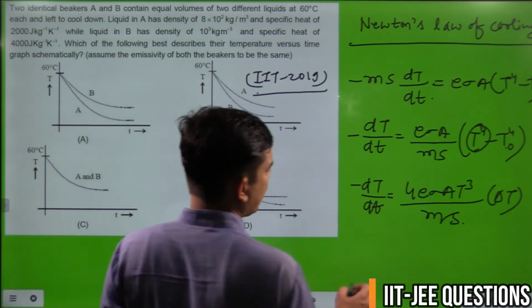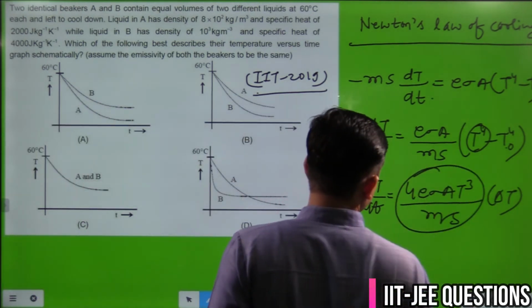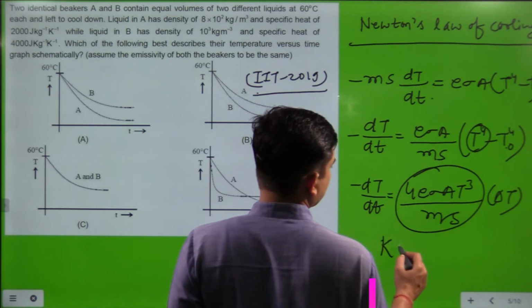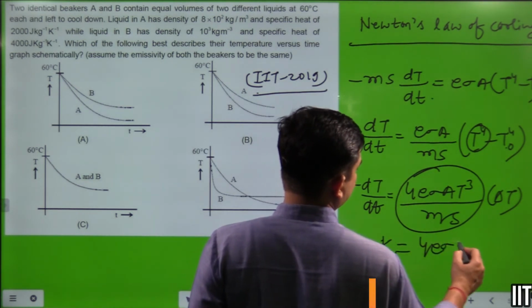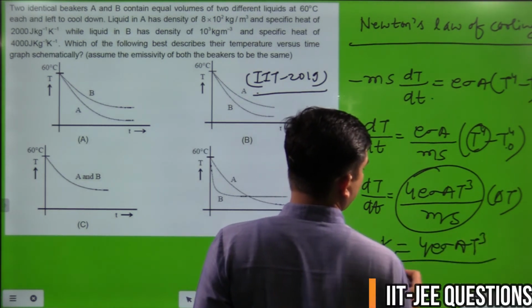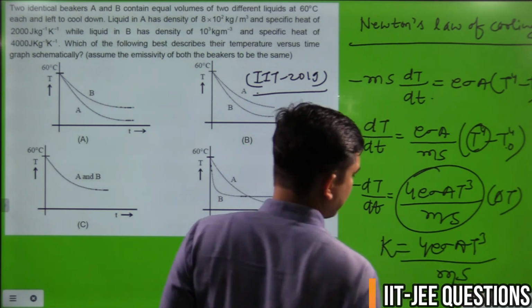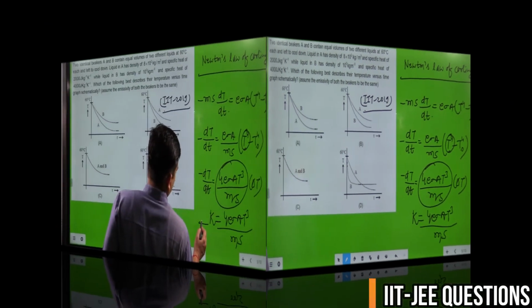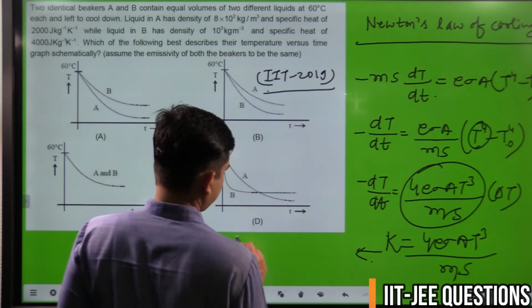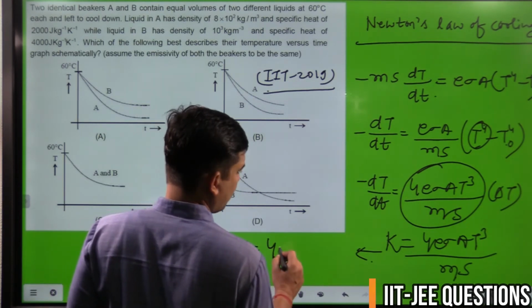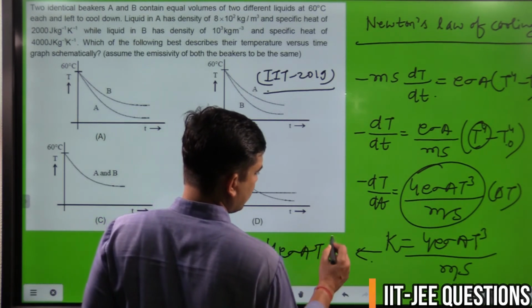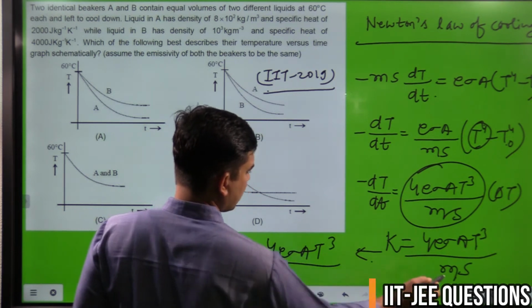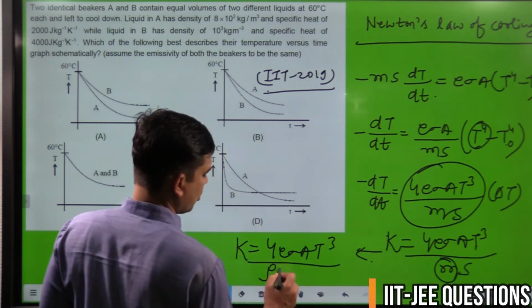And as we know, this quantity 4 e sigma A T cube upon m s will be our constant value. Then K will be 4 e sigma A T cube upon mass, which is rho into volume.